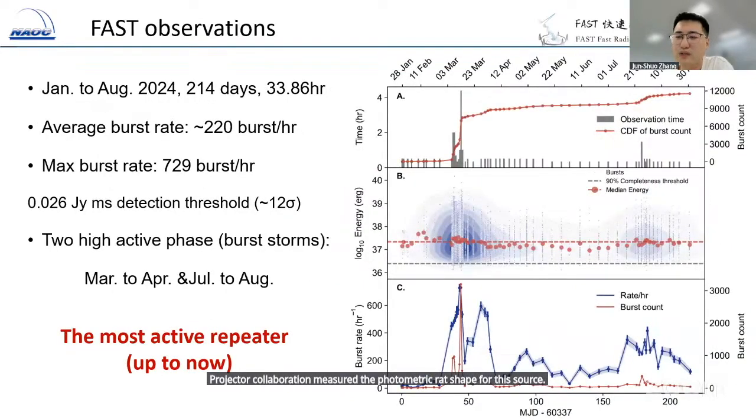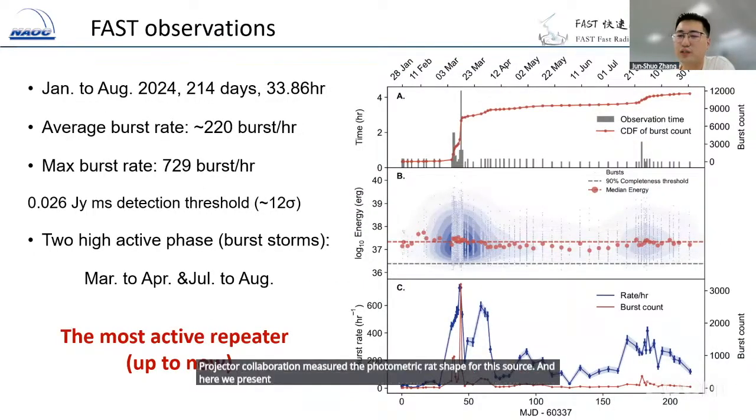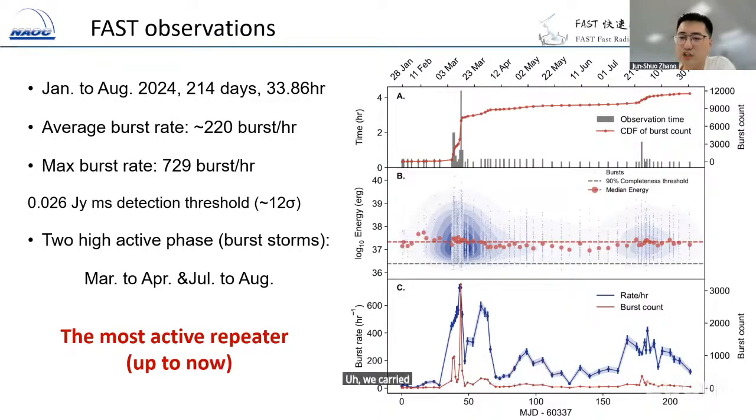And here we present the FAST observations of this most active repeater up to now. We carried out observations between January and August in 2024 and maintained a nearly weekly observation cadence over a span of 214 days and 34 hours of on-source time in total.